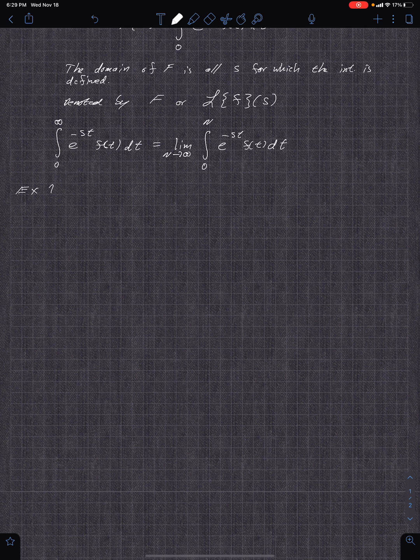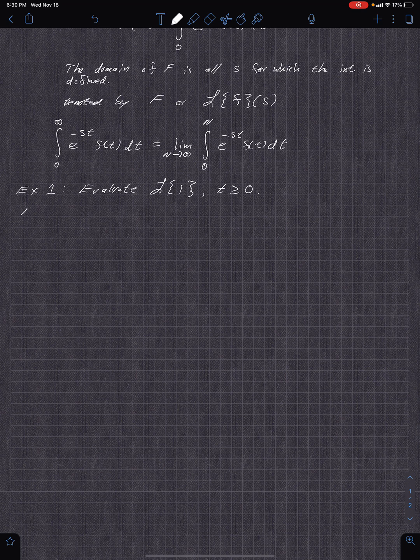So example 1, let's do the simple case first. Evaluate the Laplace transform of just 1 for t greater than or equal to 0.